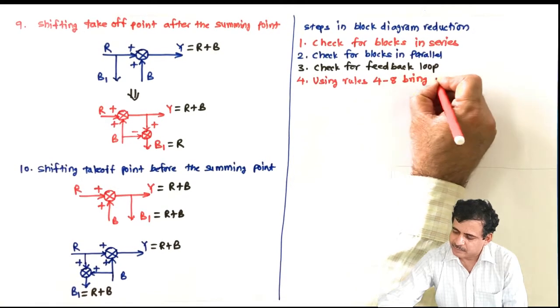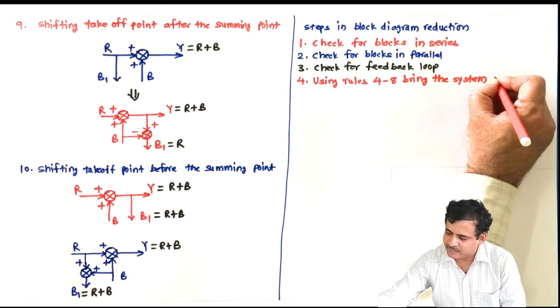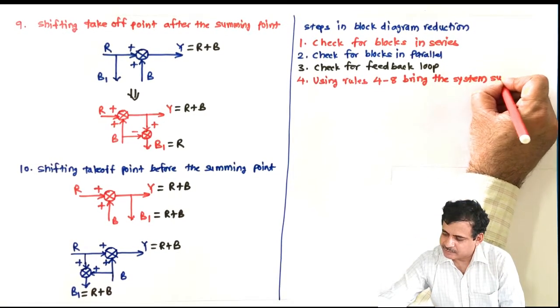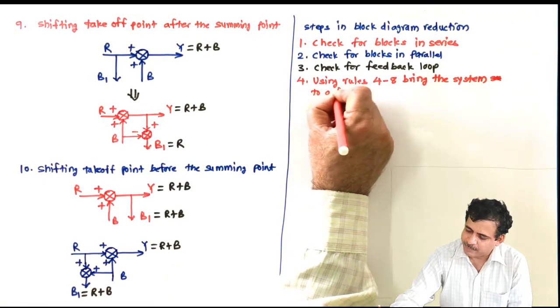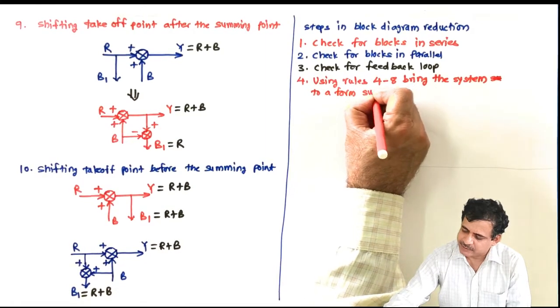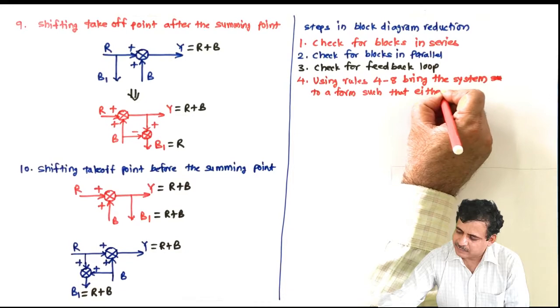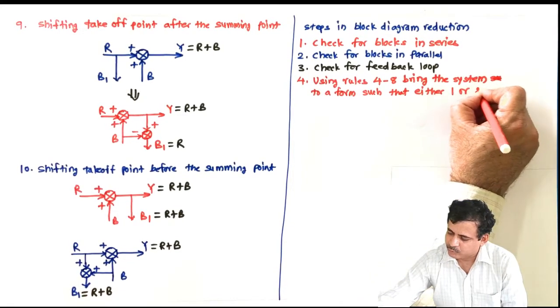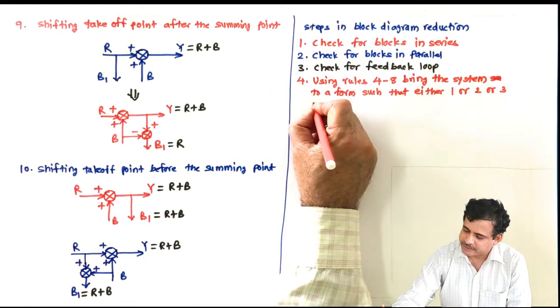bring the system or diagram to a form such that either 1 or 2 or 3 exist.